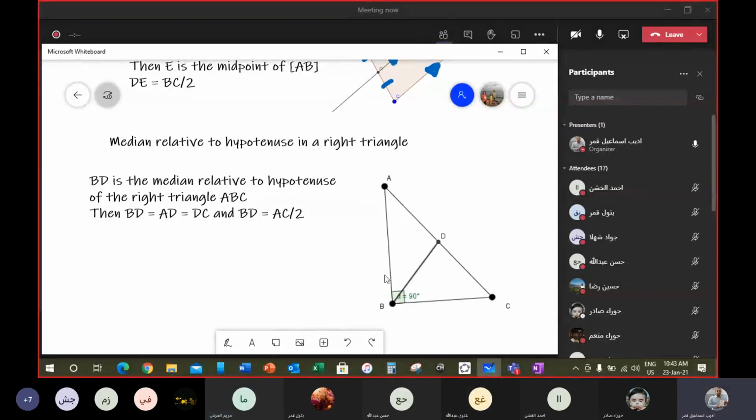So in this figure ABC is a right triangle. ABC is right because the angle ABC equals 90 degrees.